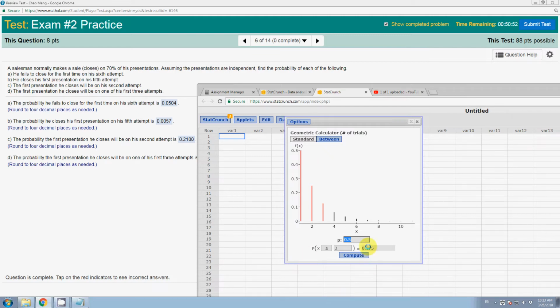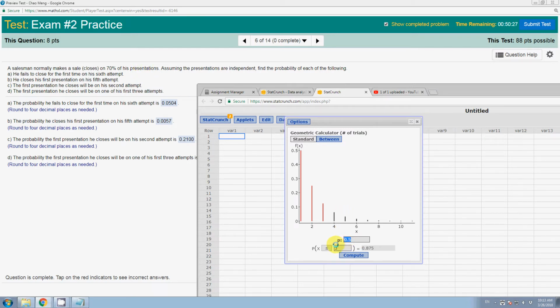Then we have to find the probability. What's the probability that he fails to close the deal? Let's go back to the question. It says he makes a sale on 70% of his presentations. So in other words, he fails to close a sale on 1 minus 70%, which is 30%.